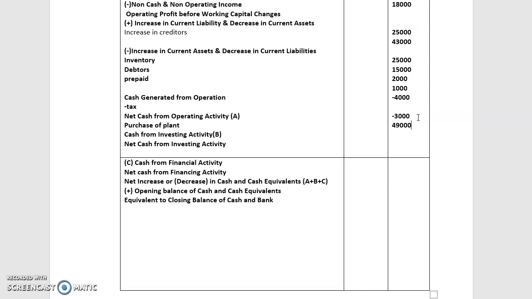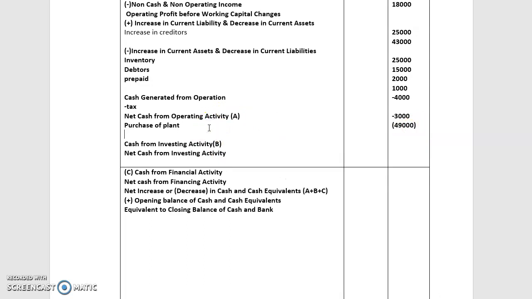This is separate. Please make it separate. So cash flow from operating activities is minus 3,000. This is also minus 49,000. That's it, only one amount you have. Then we'll go to cash flow from investing activity. Investing activities over.